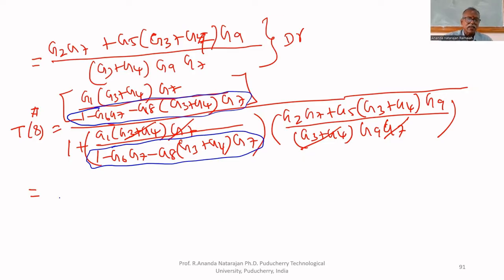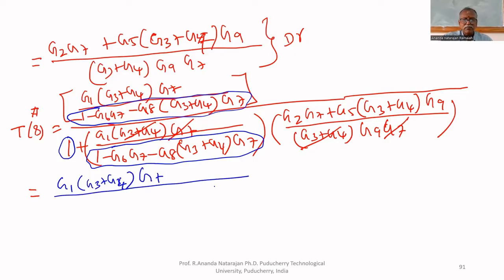To cancel that, we are taking LCM. LCM means in place of 1, we have to write this. Therefore, we will get numerator G1, G3 plus G4 multiplied by G7 whole divided by, I am writing this in place of 1, 1 minus G6, G7 minus G8 multiplied by G3 plus G4 multiplied by G7.